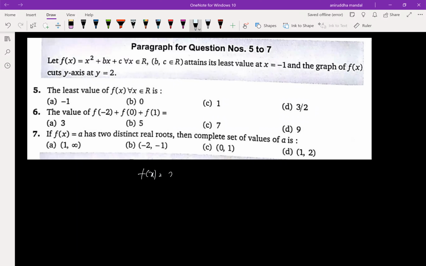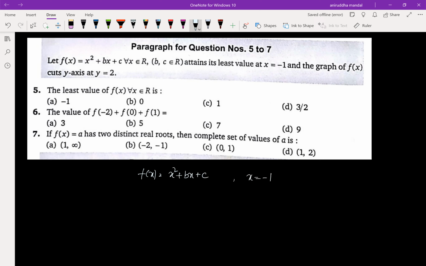f(x) is x² + bx + c, and it attains the least value at x = -1. So x = -1 attains the least value, which means -b/2a. Here a is 1, so b equals 2.